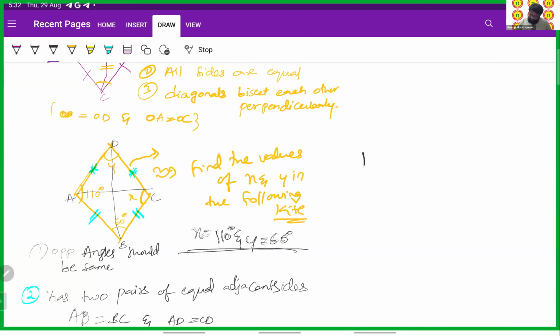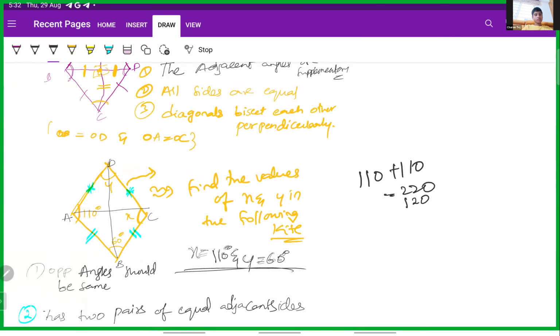So if you sum up all this, 110 plus 110 is 220, 60 plus 60 is 120, which gives 340. In a kite, opposite angles are not the same. What was the property there? Sir, I think the opposite angles should be supplementary.